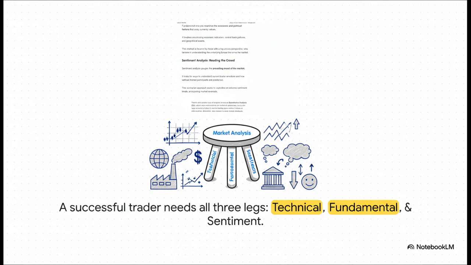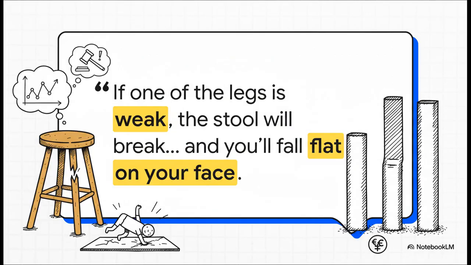Now, to be stable, to be successful, you need all three of those legs to be strong and balanced. Because if you're only looking at charts and you totally ignore a huge announcement from a central bank, well, your fundamental leg is weak. And what happens? The stool breaks and you fall flat on your face. And that risk is there if you neglect any one of the three legs.